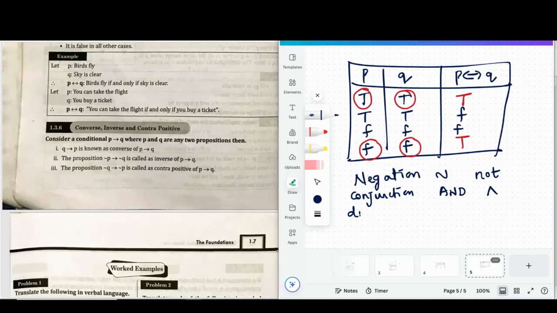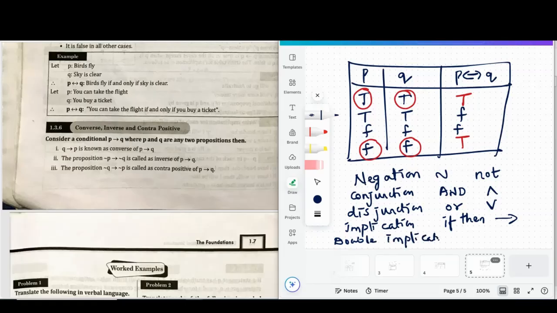Then disjunction, which is or, and it is a reverse V. Then implication, if then, represented as a single arrow. Then double implication, if and only if, with the double arrow mark. So these are the important connectors which we have learned till now.